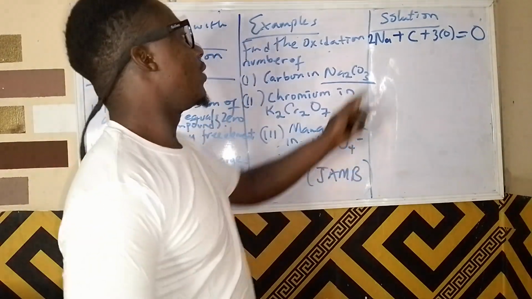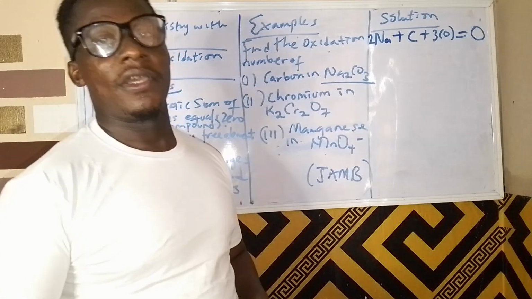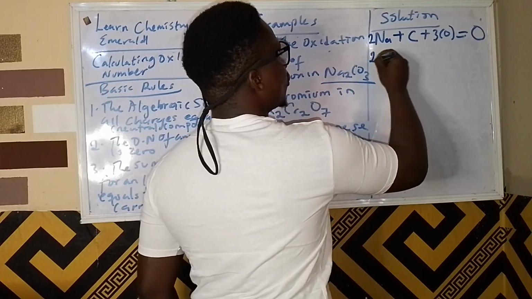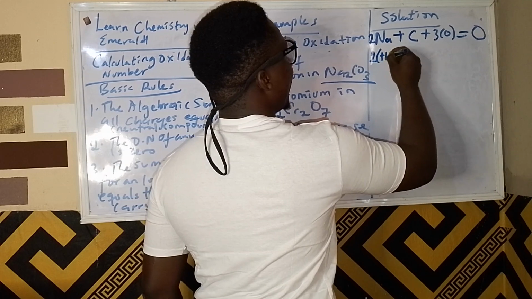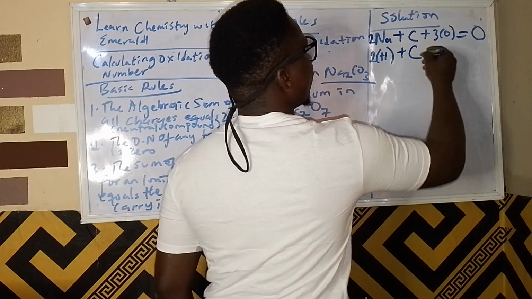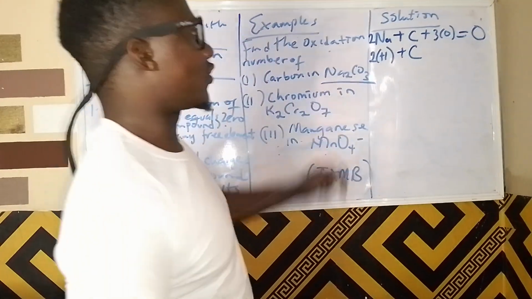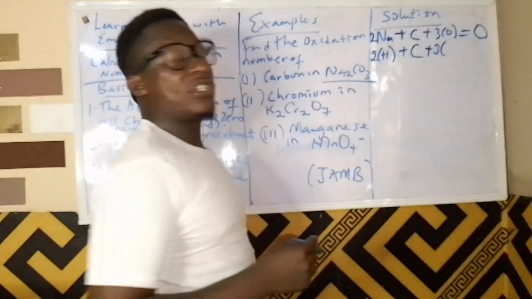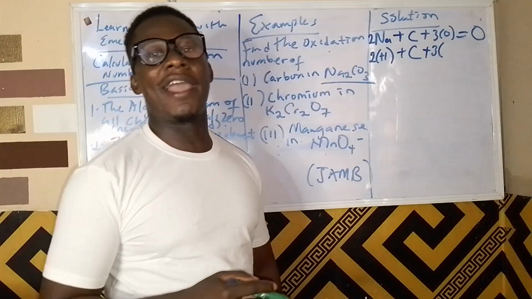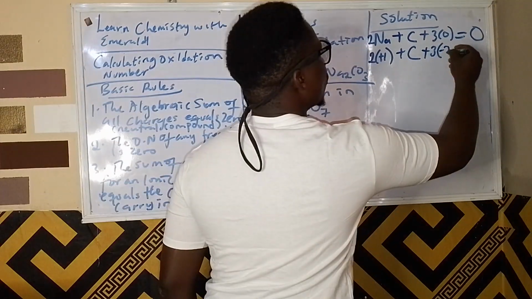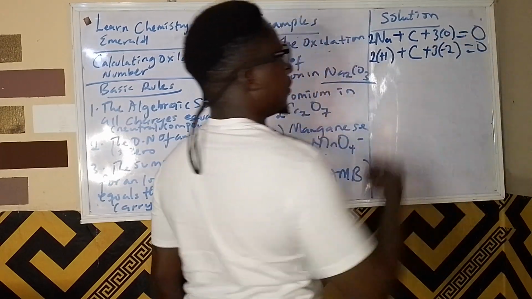So go and learn the oxidation number of the elements, both metals and non-metals, and the radicals. It's very important. The oxidation number of sodium is +1. Sodium is a group 1 element, so you can say 2 multiplied by +1, plus the oxidation number of carbon in this compound, plus 3 in brackets, the oxidation number of oxygen, which is -2. Oxygen is a group 6 element, so you have -2, and everything equals 0.